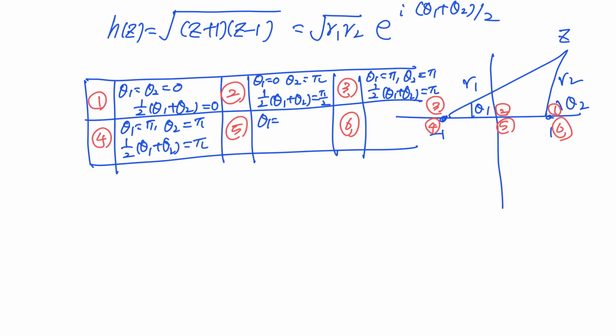Here theta 1 is 2 pi, theta 2 is pi, so 1/2 theta 1 plus theta 2 is 3 pi over 2. And finally, theta 1 is 2 pi, theta 2 is 2 pi, so 1/2 theta 1 plus theta 2 is 2 pi. So it looks like we have a branch cut through this line.